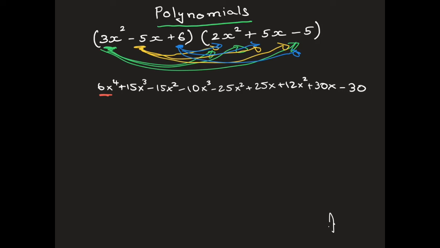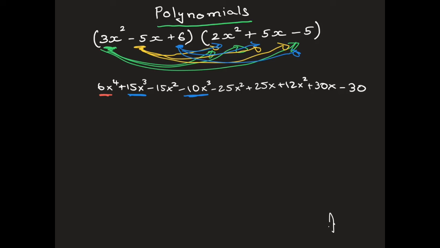So you can't add 6x to the power of 4 plus 15x cubed. It wouldn't work. So you got 6x to the power of 4. And now we've got 15x cubed. Now, is there anything else to the power of 3? Yeah, there's negative 10x cubed. And that's it.